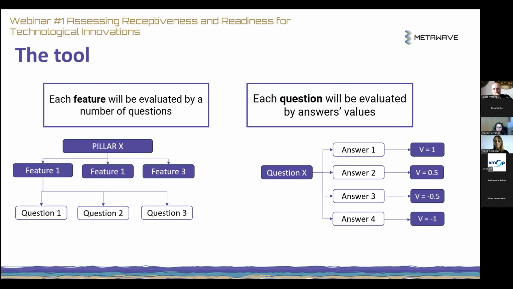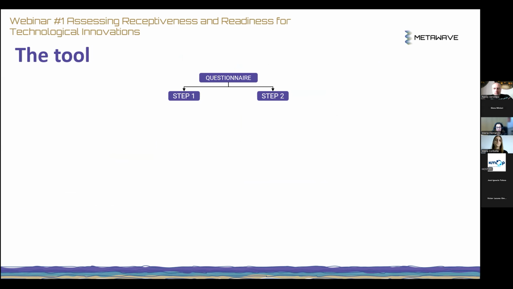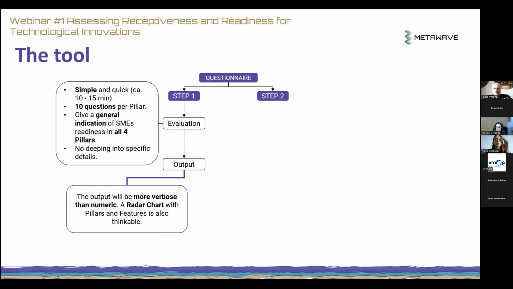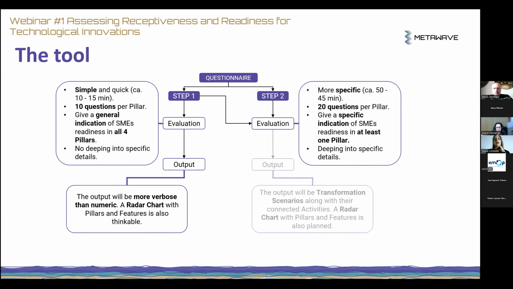And in order to assess the performance of the company in each feature, and then the pillar, we identified some key questions and potential answers. And the result was this tool. Now I don't want to focus on this slide because it's a lot. I will briefly tell you how the tool is structured.